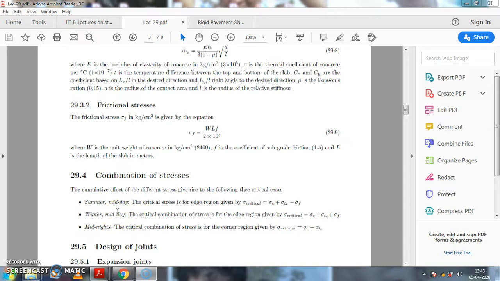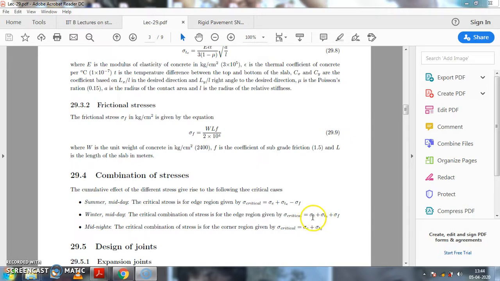Now during winter, if we consider the midday of winter, then again, take my words as a note: the critical combination of stress at interior and edge region occurs at the bottom fiber, when the slab contracts and warps downward during midday.